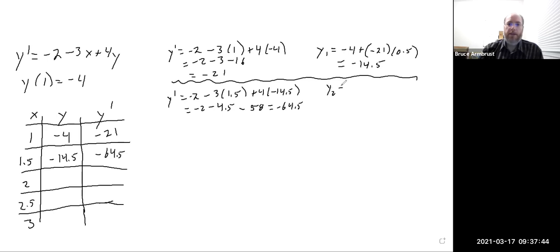So to get y2, we're going to take the y where we were, negative 14.5, and we're going to add to that negative 64.5 times 0.5. Okay, well, I'm getting to the point where I don't want to do this in my head, but I think I can get this one.